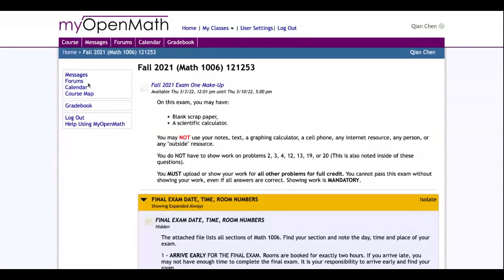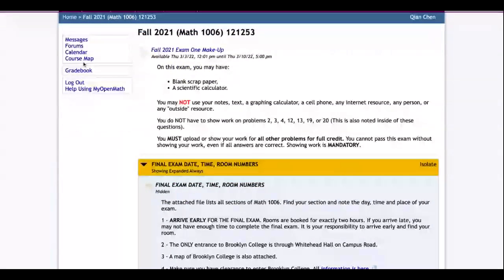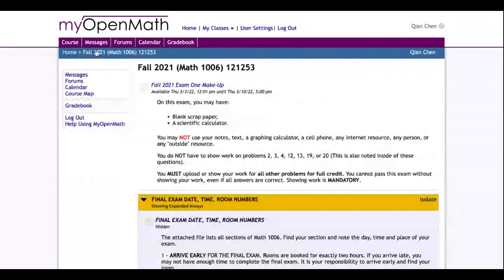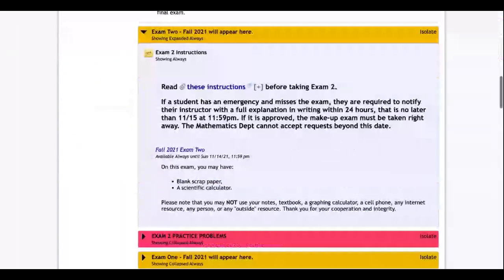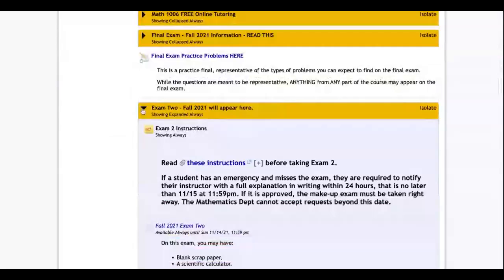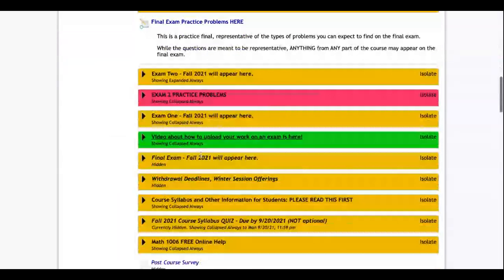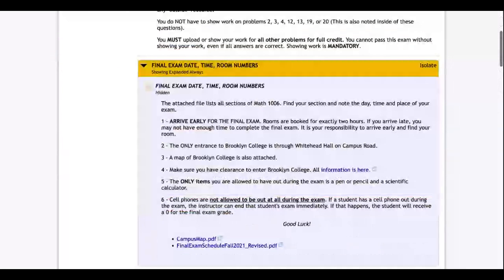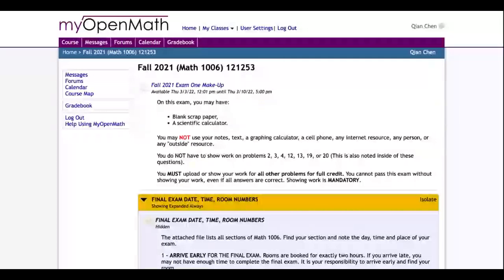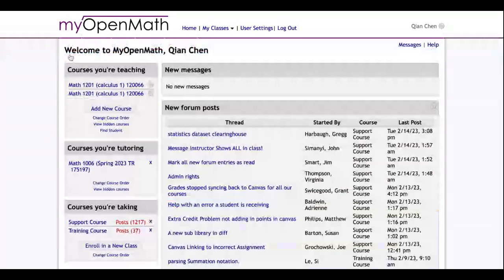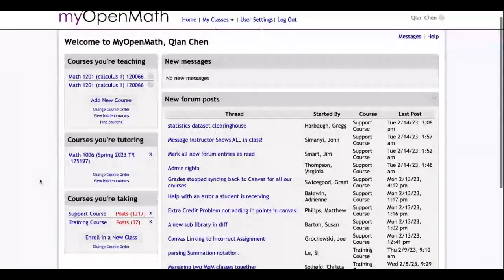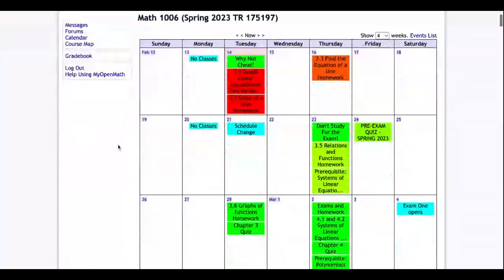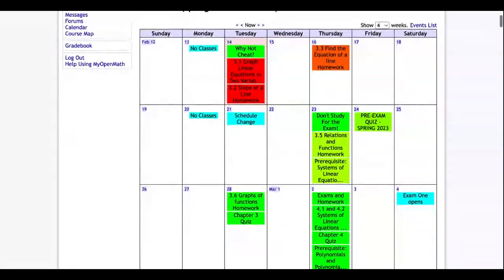All right, 1006. Yes, that's 1006. Let's see the calendar first. Oh, the calendar doesn't show. That's the wrong one, that's 2021. Let's see.